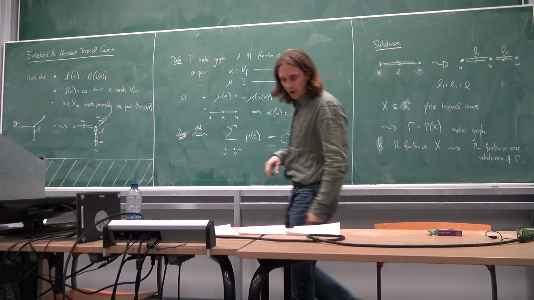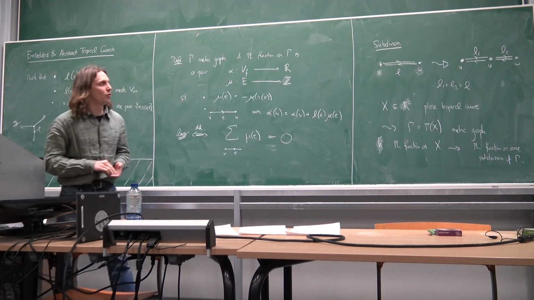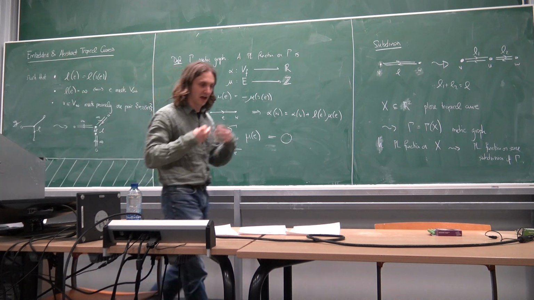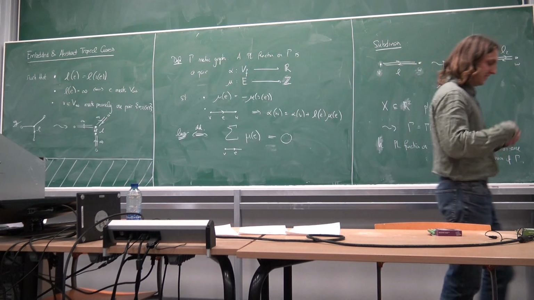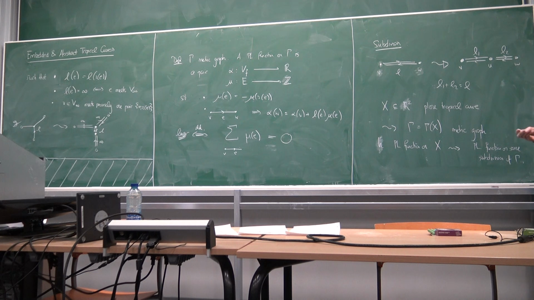And so this is the reason that some authors say that an abstract tropical curve is an equivalence class of metric graphs for the relation generated by subdivision. This is not the definition that appears in the paper, and it's not the one we're going to use, unfortunately.